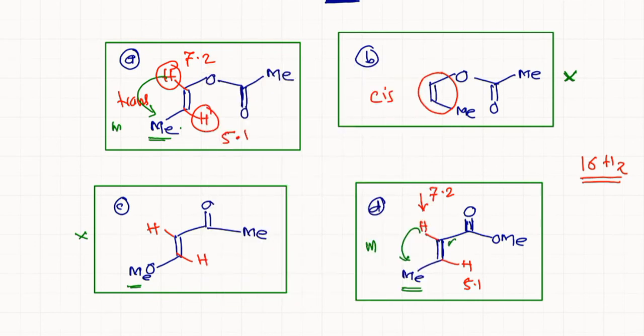But remember one thing: we have alpha and beta. Whenever we have an alpha beta unsaturated carbonyl compound, the beta carbon chemical shift will always be high. Why?